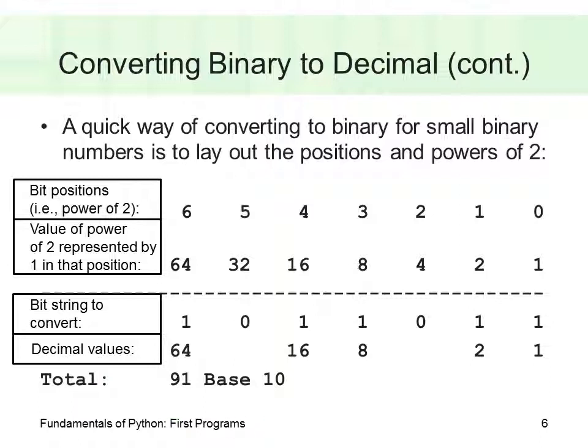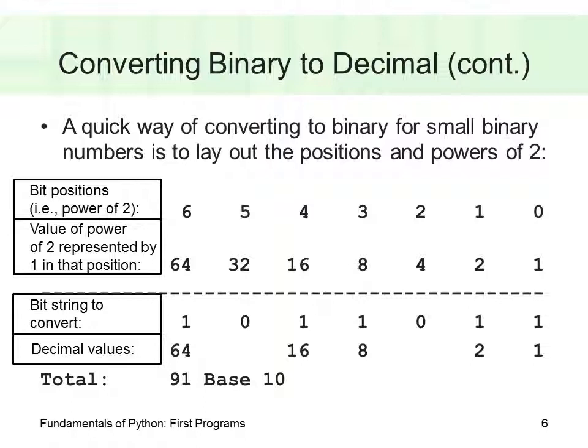Now, if you're going in the other direction, it doesn't have to be so hard either. Again, you could do sort of the opposite: lay out your powers of 2. You could go up to, say, 7, and the value of 2 to the 7 is 128.